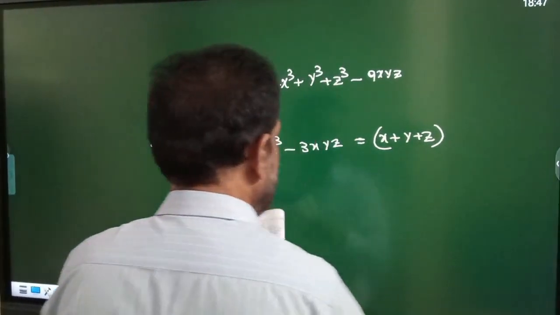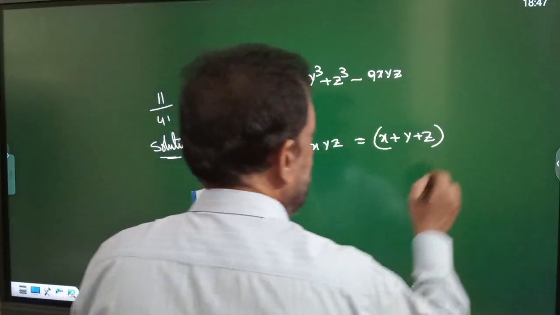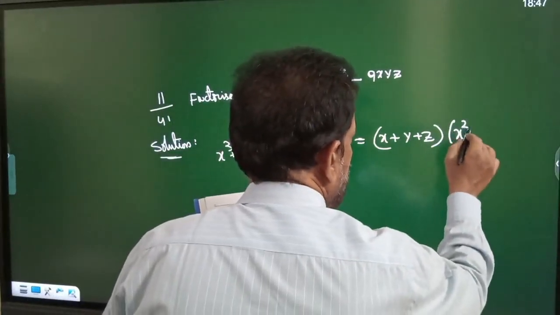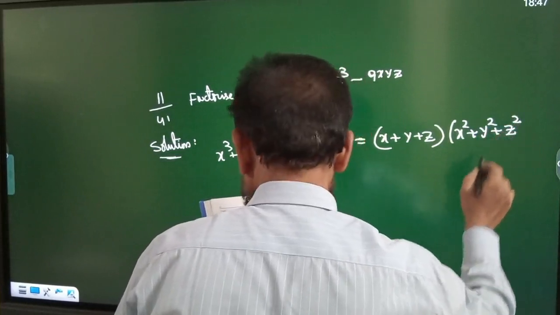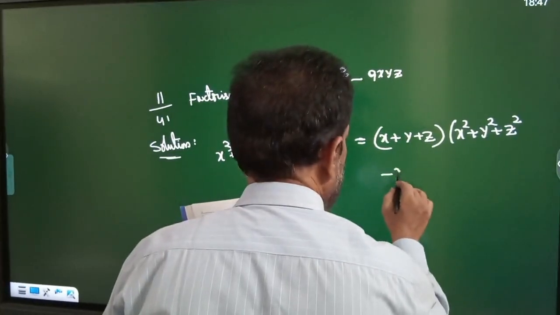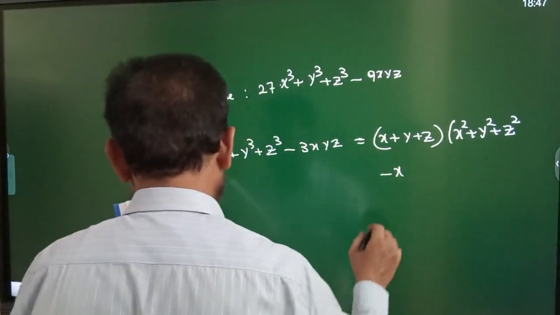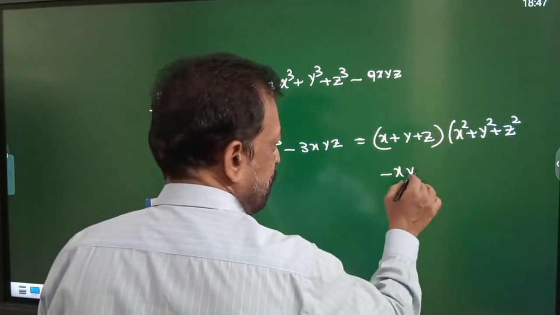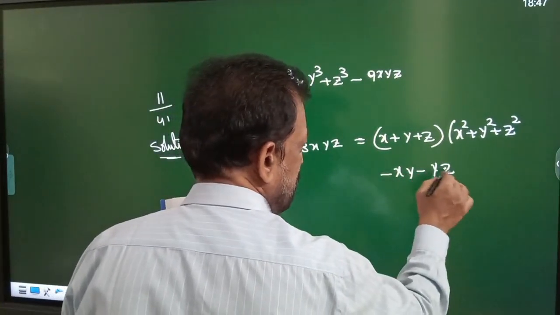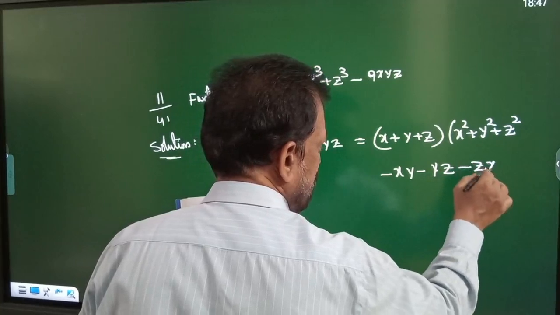This is the identity: x plus y plus z into x square plus y square plus z square minus xy minus yz minus zx is the formula.